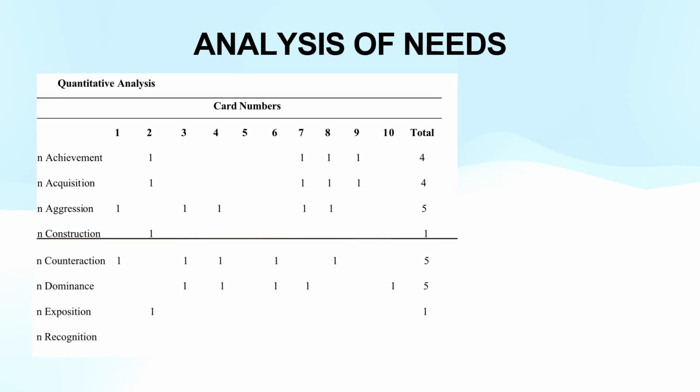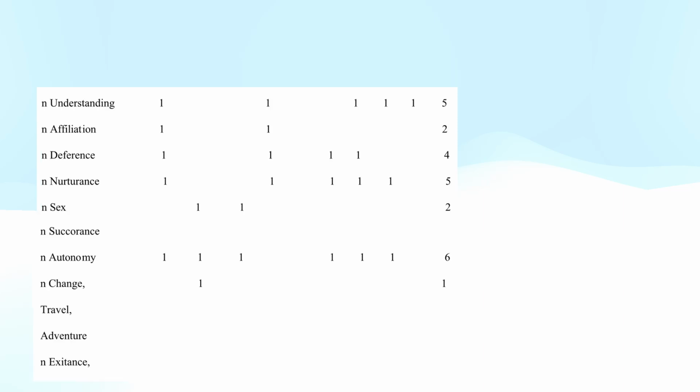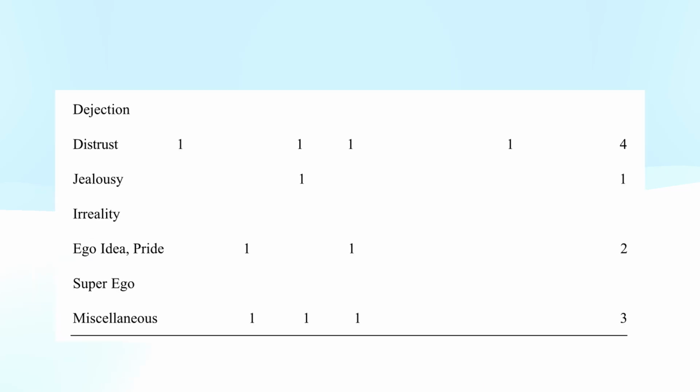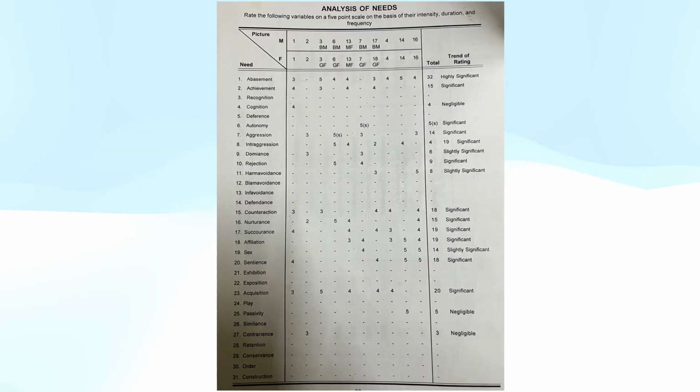Then comes the analysis of needs. It is a 31 point structure in which you have to analyze 31 points. So it can be achievement, acquisition, aggression, construction, counteraction, dominance, exposition, recognition. All of these are present, and in total there are 31.